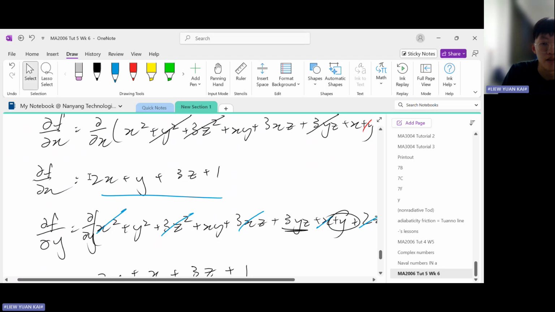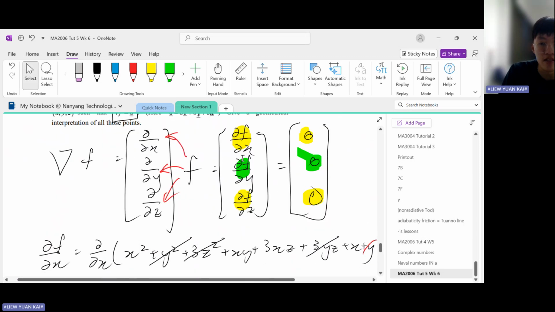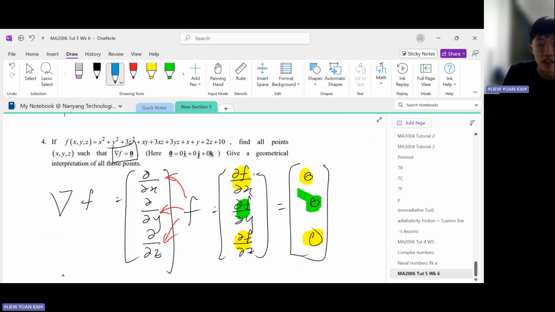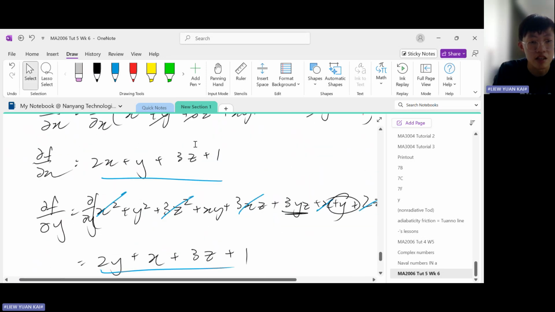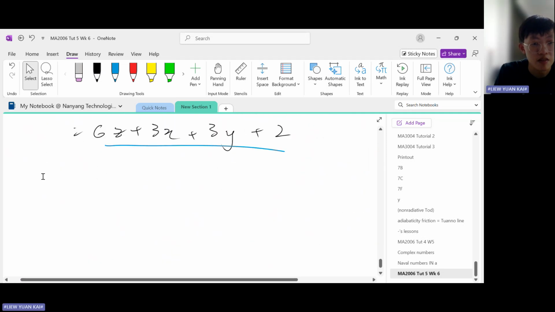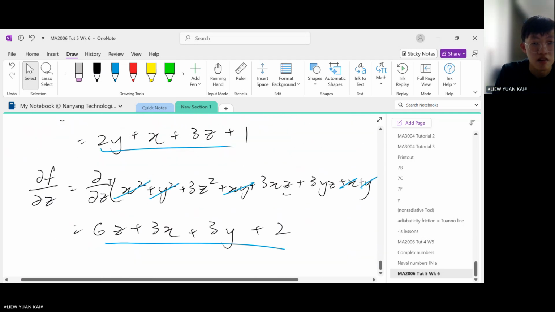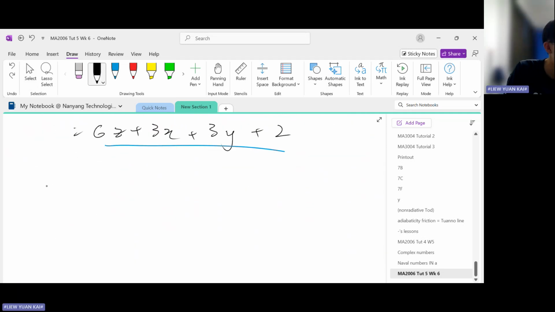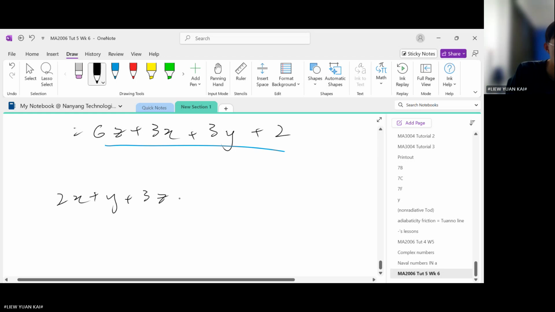Okay, yes. So now we have our 3 derivatives in the z direction, in the y direction, and in the x direction. And remember what we said? We said each of these derivatives is equal to 0. So let us take these 3 equations and equate them to 0. Let me just write them down. This is the x derivative, equal to 0.